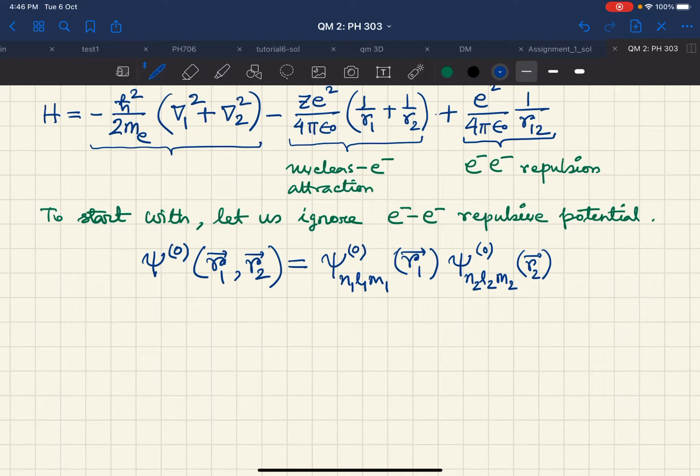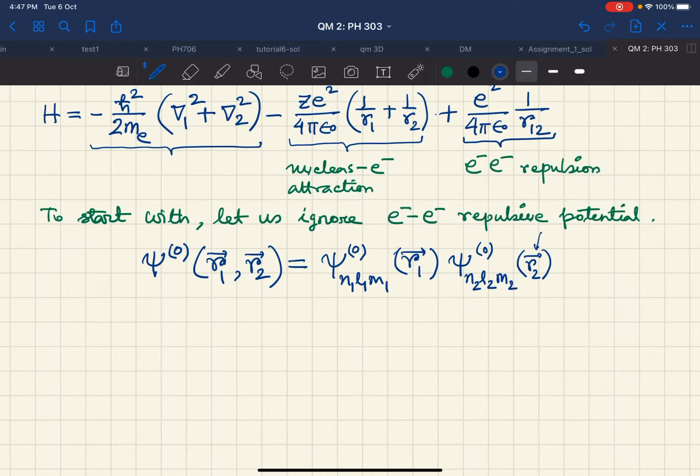This r1, r2 might be a bad notation simply because this means that they depend on r1, theta 1, phi 1, the radial coordinate and the angular coordinates corresponding to the first electron. Similarly, this r2 denotes that they depend on r2, theta 2, phi 2 corresponding to the second electron, although we discussed previously with the hydrogen atom that, because this is the ground state wave function, it does not have any dependence on the angular part.